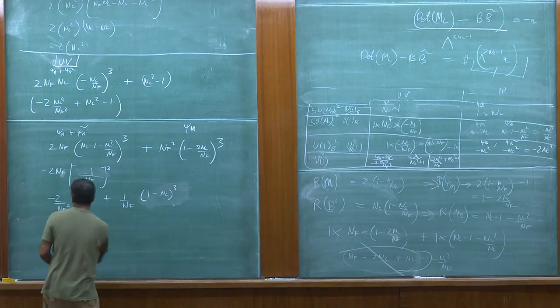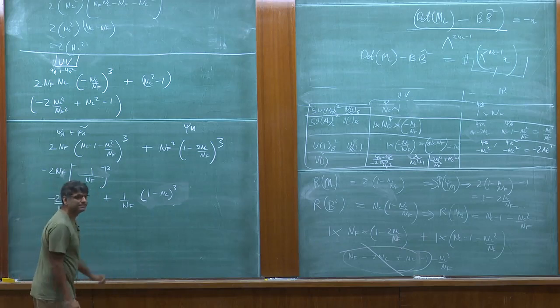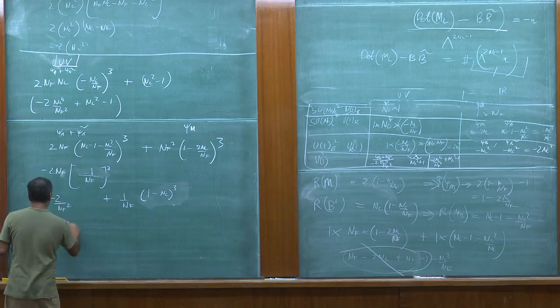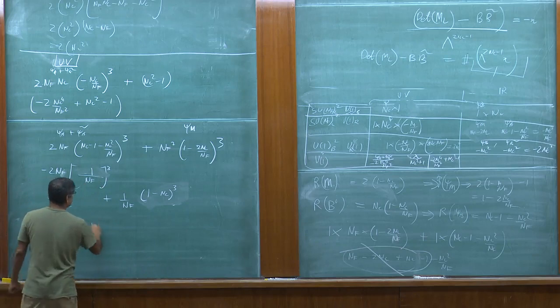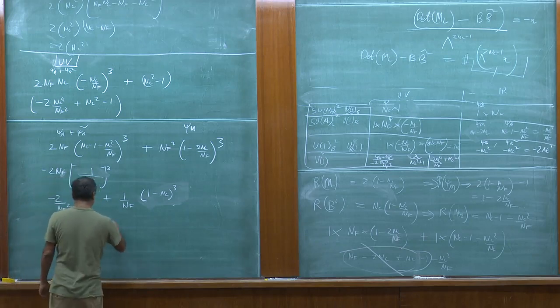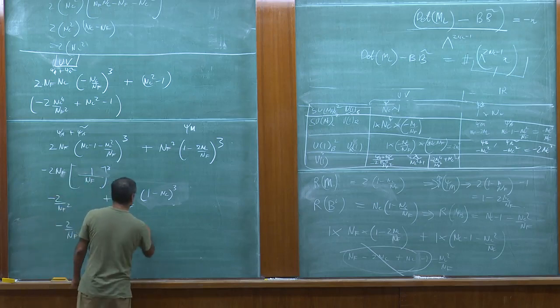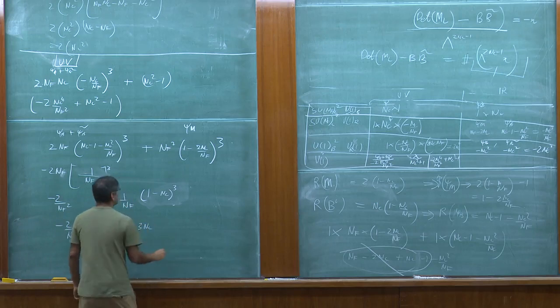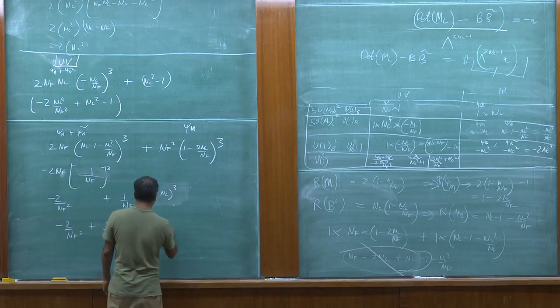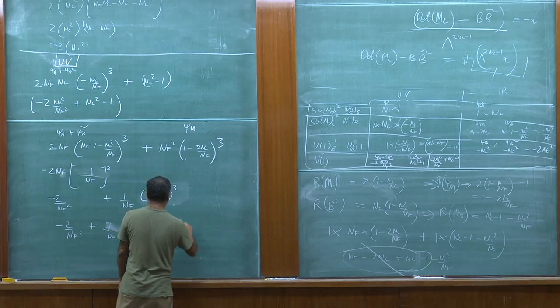Let's keep NF's only in the denominator. So we have minus 2 by NF squared plus 1 by, say, NF, into 1 minus 3 NC plus 3 NC square minus NC cube.